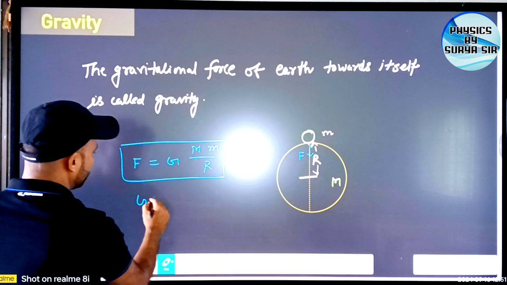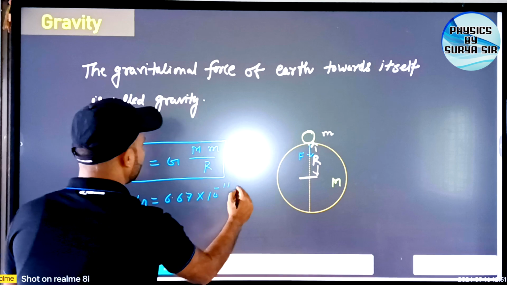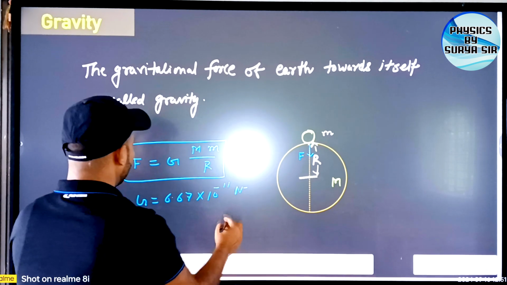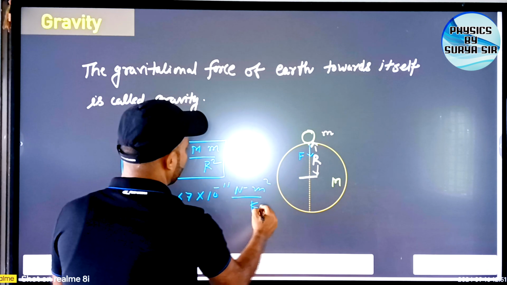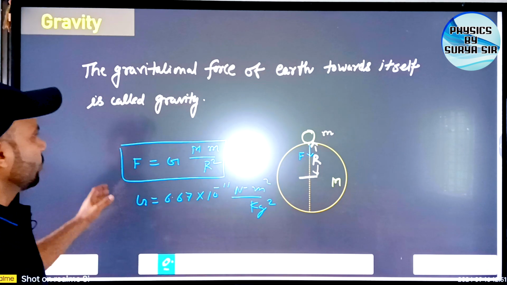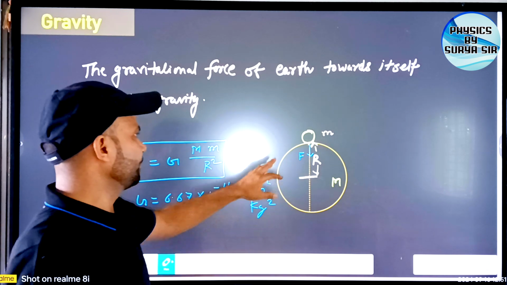Its value is 6.67 into 10 to the power minus 11 Newton meter square upon kg square. Clear? So this is the force acting on the object by the earth.